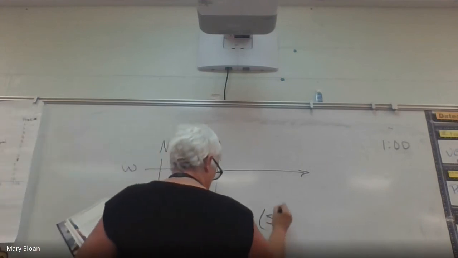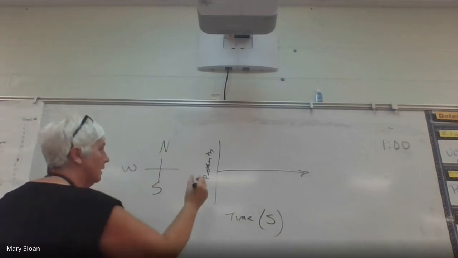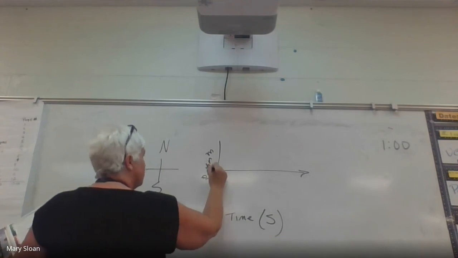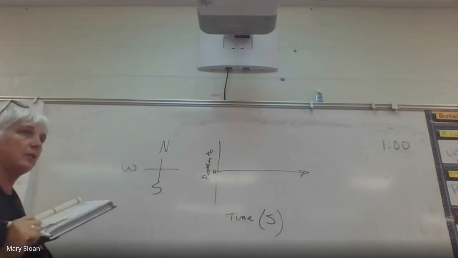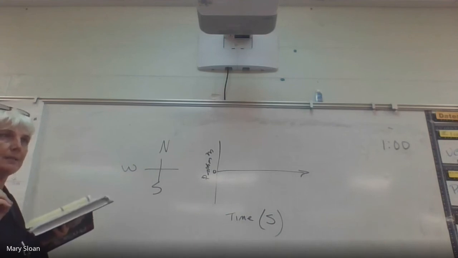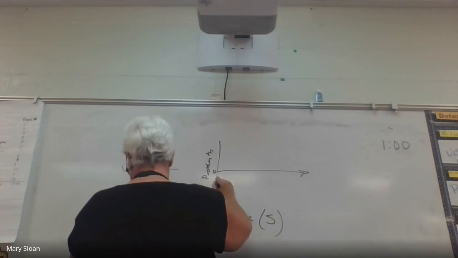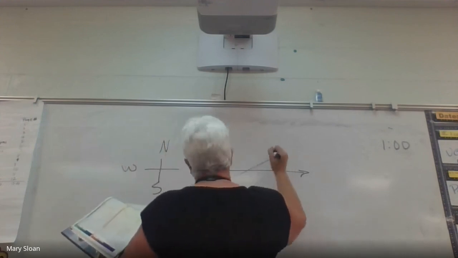Now, when you look at this, are you ready? This line that goes across, this is at 0 position. It doesn't say it, but that's what it is. So here, we have A, right, guys?